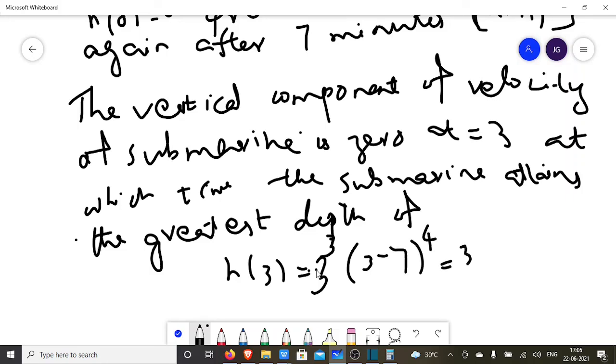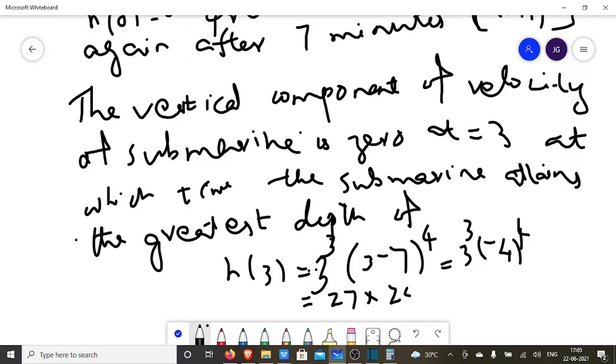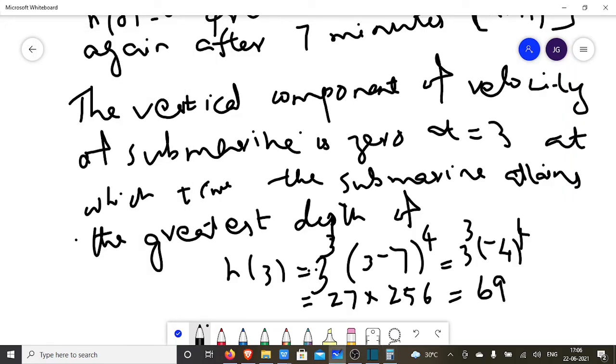So this is 3 cube into (minus 4) raised to 4. 3 cube is 27, into 4 raised to 4, which is 256. 256 into 27 is equal to 6912 feet.